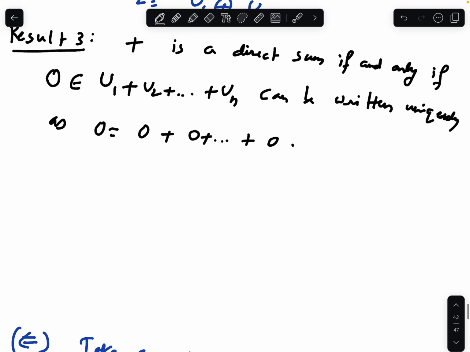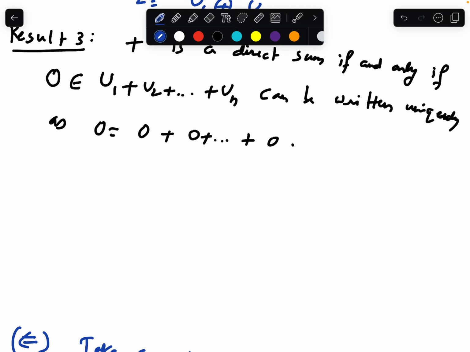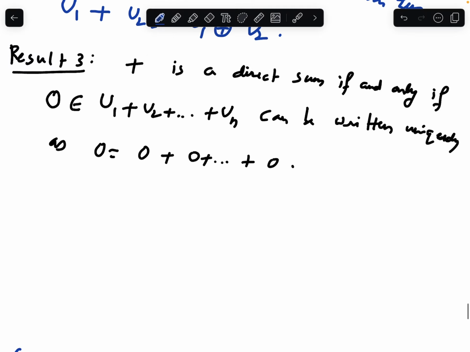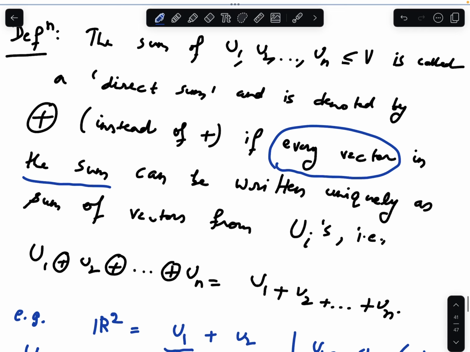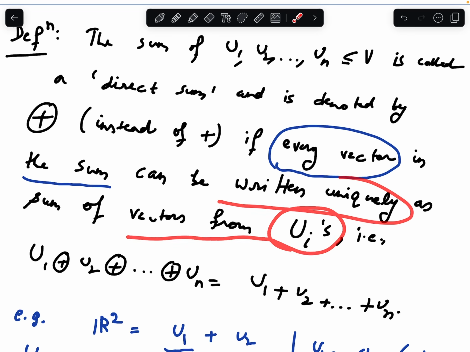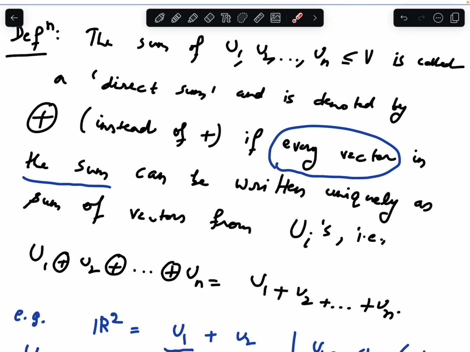So what this result is telling us is that the definition says that every vector should be written uniquely as a sum of vectors from the Ui's. If this condition holds, then the sum becomes direct.